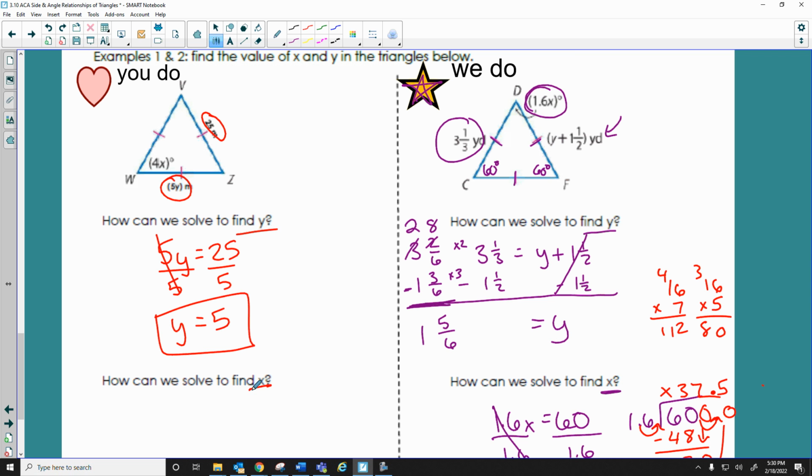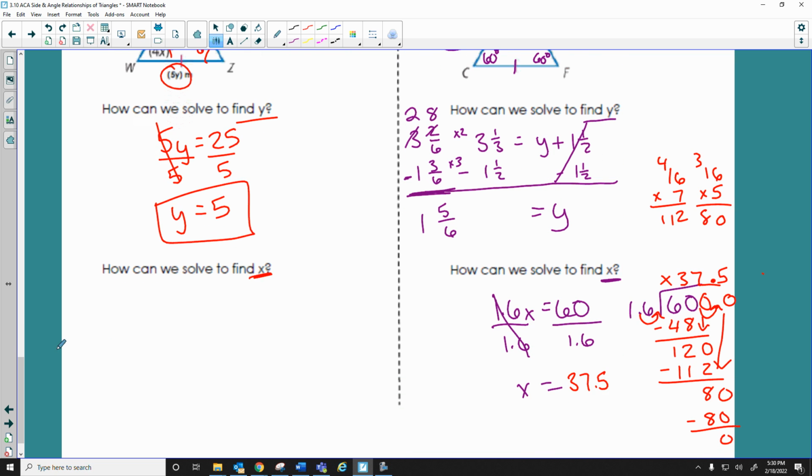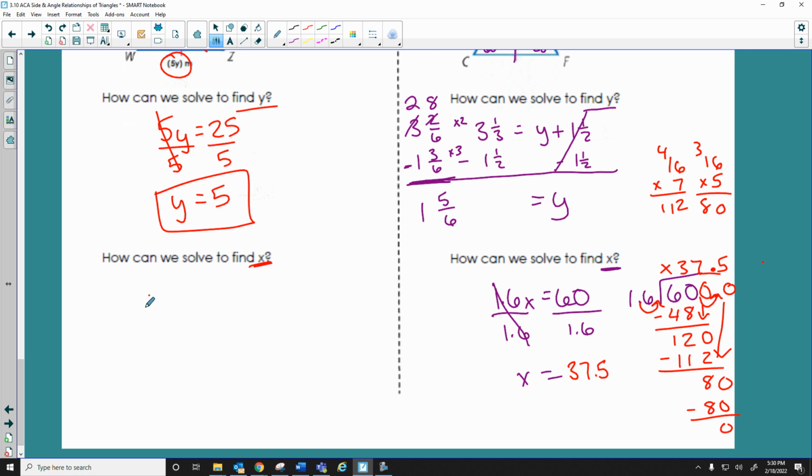Okay, find x. X is talking about this angle. Again, they left me hanging. They didn't give me any angles. But since it's equilateral, that means it's equiangular. That means all the angles equal 60. Okay? So that means that 4x is equal to the 60 degrees of the other one.